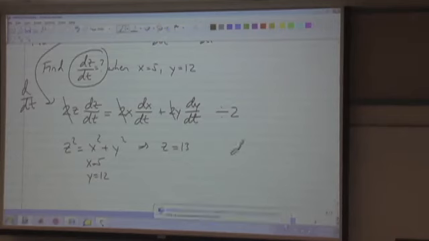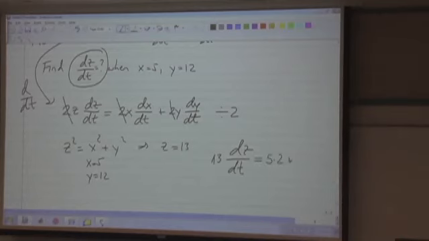So 13 times dz over dt is equal to 5 times 2 plus 12 times 3. And so dz over dt ends up being 46 over 13, as promised.